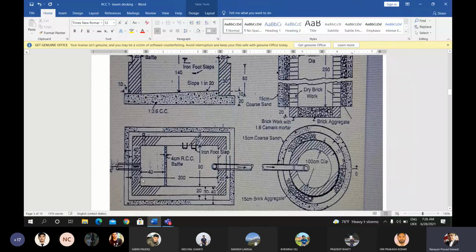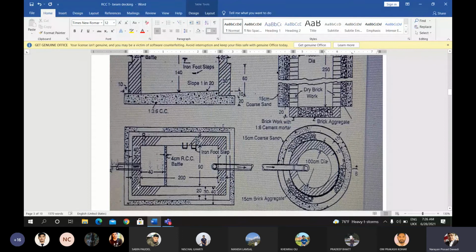The total length of the trench is 200 here, and 40 here and 40 here, because from the inner face of the wall to the end of the PCC, the total width is 40. It is also 40 in the widthwise direction. That value will be the same for the lengthwise direction also.